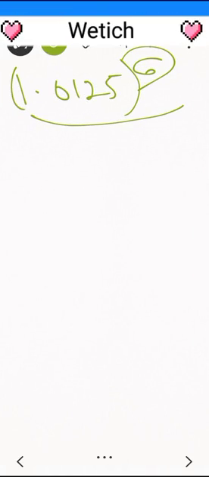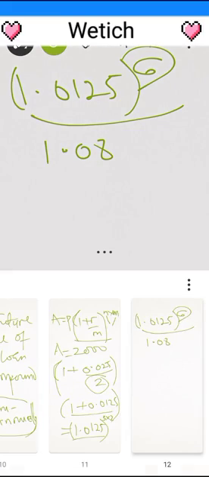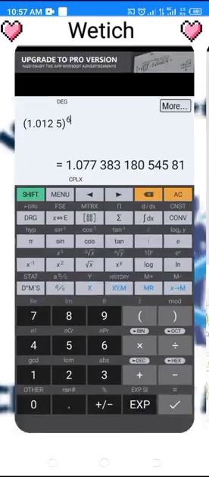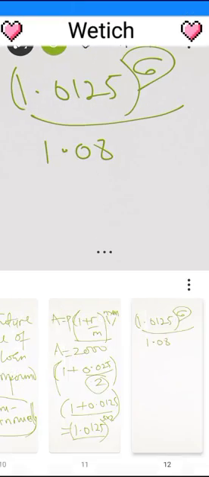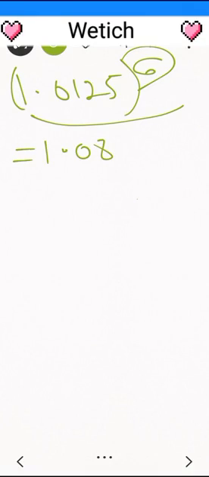All right, that is it. This value I have here is called the discount factor. The easiest way is for us to solve for the bracket, then apply the power, and then we get our factor, which for the 6 periods is 1.08.